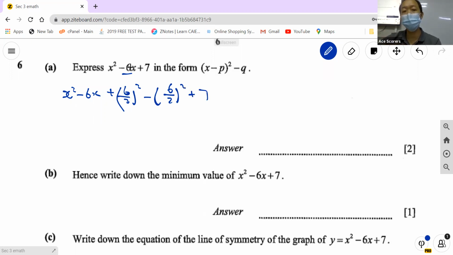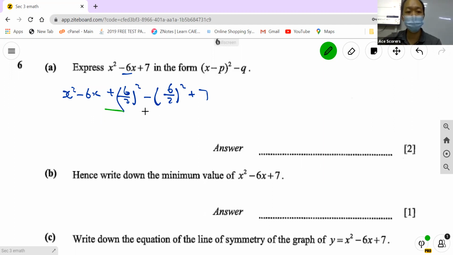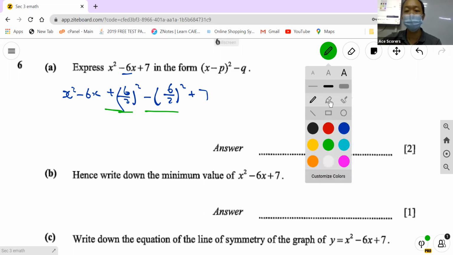We take this, divide by 2, then square it. So we add 1 here, and then we subtract another 1 here.